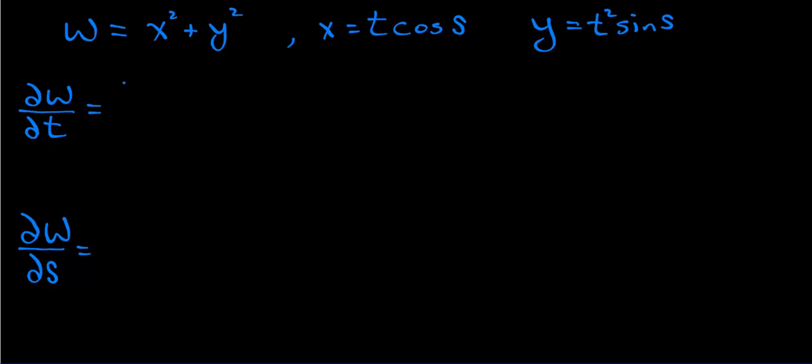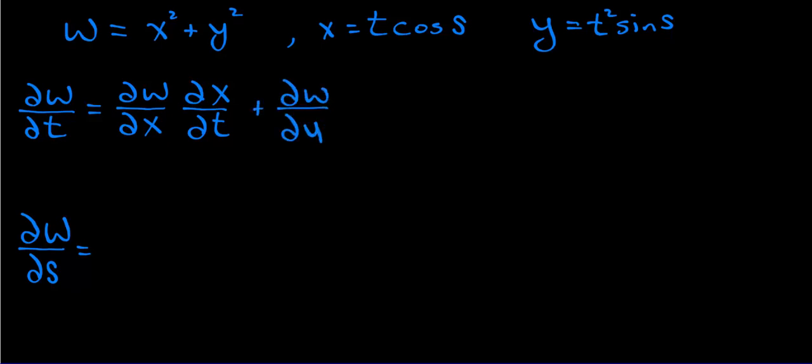We're going to take partial w with respect to x times partial x with respect to t. In other words, I'm getting the derivative with respect to t taken care of with the x function. Then I want to add that to partial w with respect to y, times partial y with respect to t.